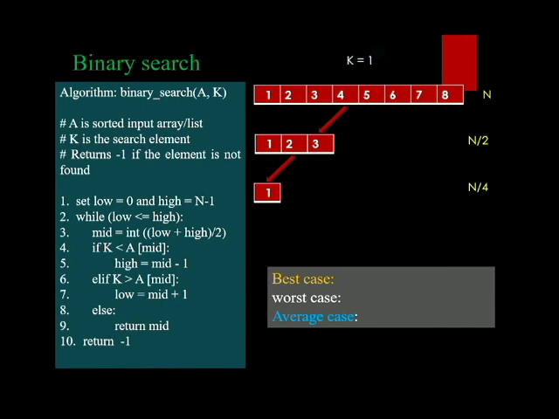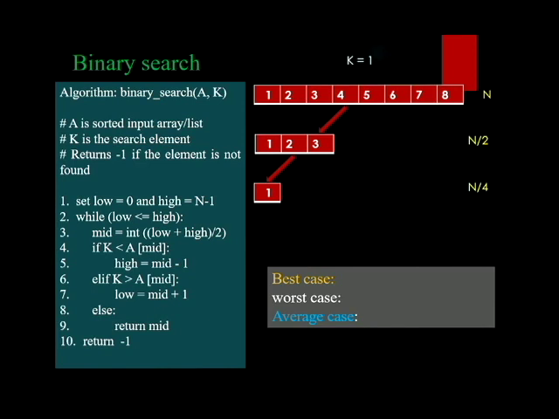This will be the worst case scenario. And what would be the average case? Average case would also be sort of the same, because it has to go through all the parts and comes to this situation. So in binary search, worst case and average case would be similar running time. And what will be that?